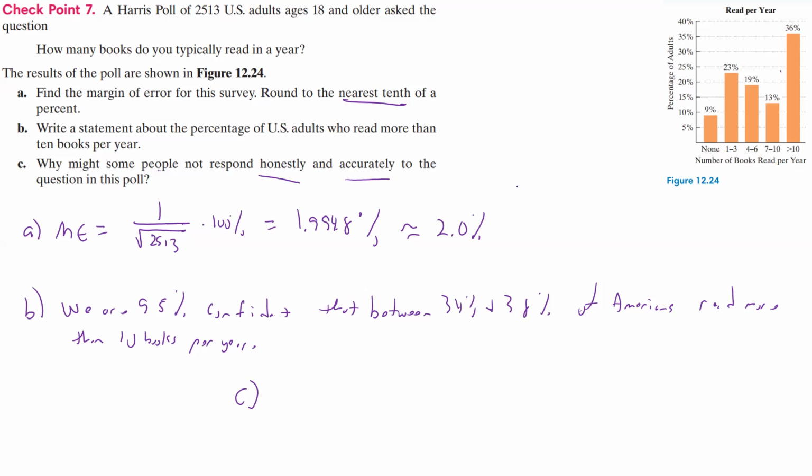Another reason is they might not keep track of how many books they read per year. Those who read a lot of books might not know how many it is, but they're pretty sure it's more than 10, so they'll say they read over 10. There are a lot of ways you can put that. You either don't know how many you read, or you just don't want to say you really don't read any books. All right, let's stop there and we'll come back for some more.